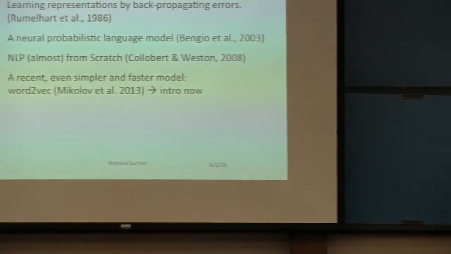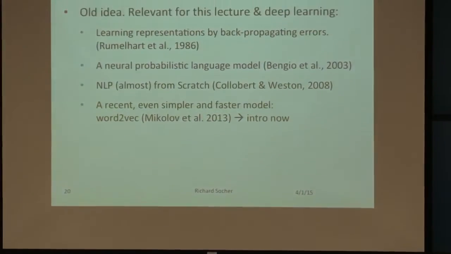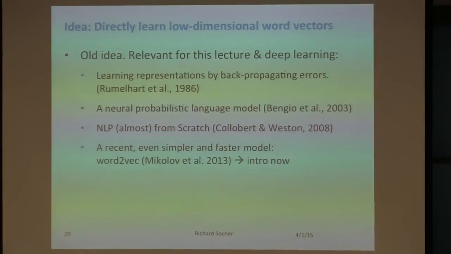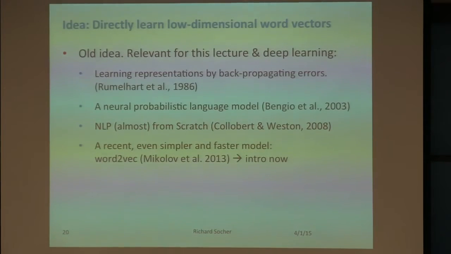They tried to solve a variety of different tasks, mostly of the simpler variety like part-of-speech tagging, named entity recognition, and things like that, but using the same model and showing that we can really learn these word vectors jointly with various tasks. In fact, Jason Weston will also be a guest lecturer in the later parts of the class. He's done a lot of really cool work in this space.